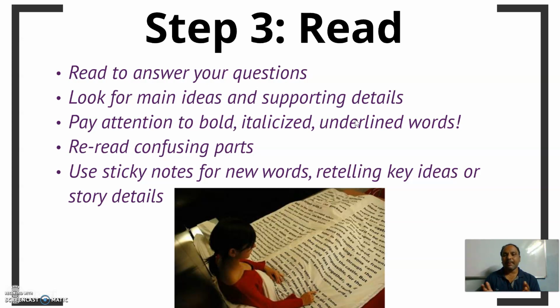There may be some confusing parts in the reading material. If such parts are there, you reread for better understanding or for gaining clarity. You can also make use of sticky notes for the new words, and you can retell the key ideas and the story details. All these things are done during the reading stage, that is the third stage.